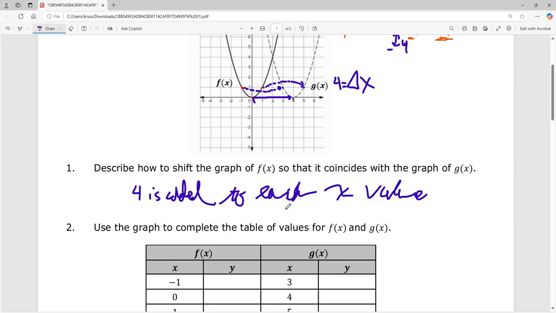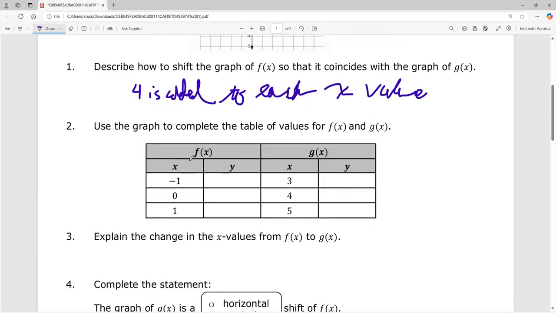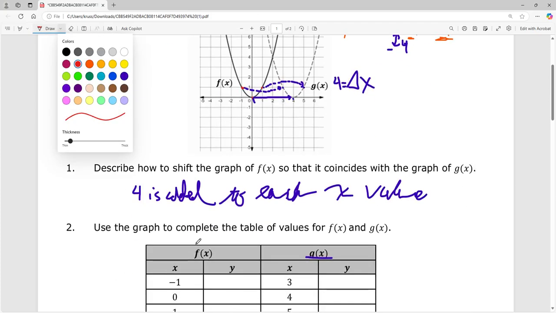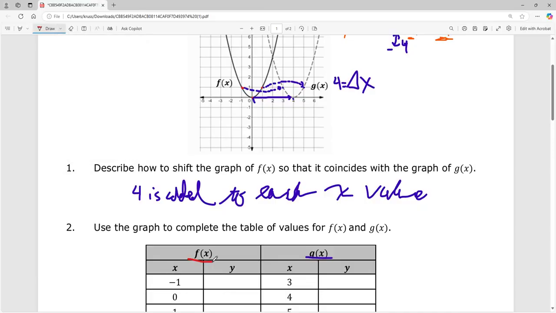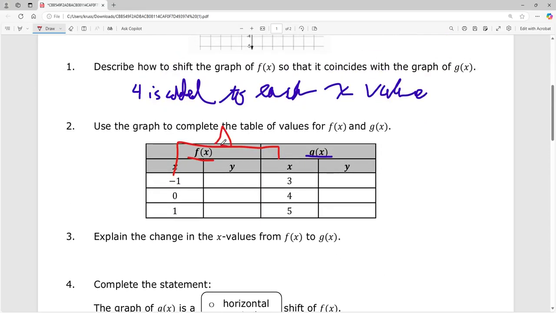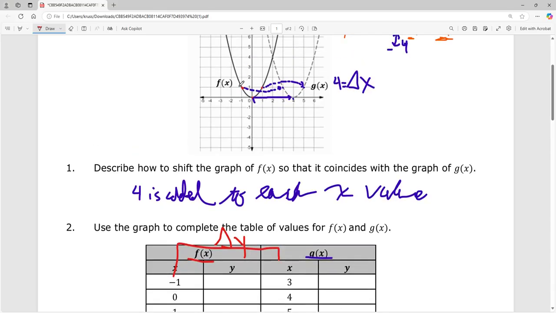Okay, so if you see from here, this is g sub x, this is f sub x, right? My y values all stay the same. If I look here, the y values are the same.